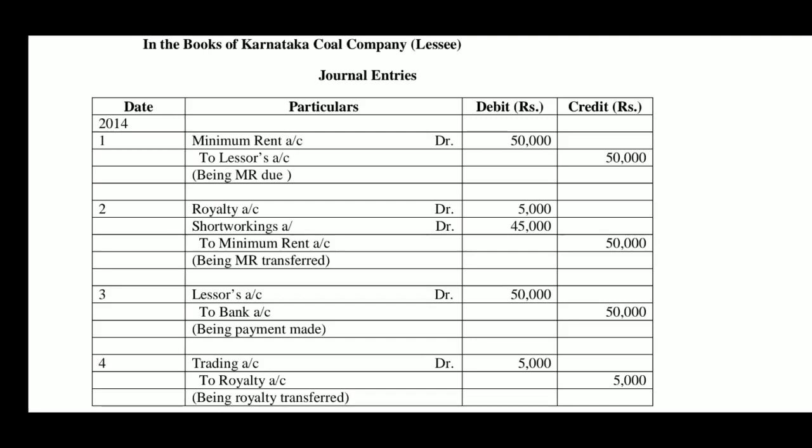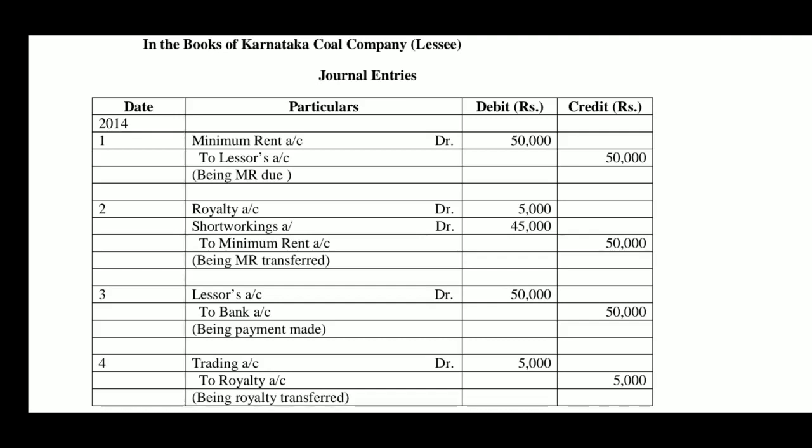In the years of short workings, we have two options. Option number 1, that is, to open minimum rent account or not to open minimum rent account. In this problem, minimum rent account is opened. That means, firstly, we have to pass the journal entries for minimum rent, then it is transferred to royalty and short workings, then the minimum rent is payable to the lessor, that is the third entry.